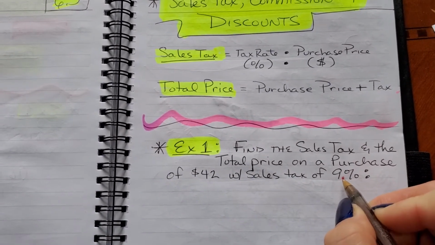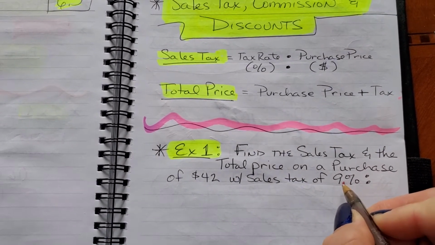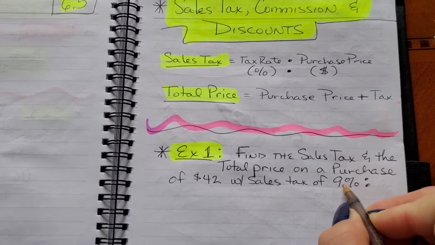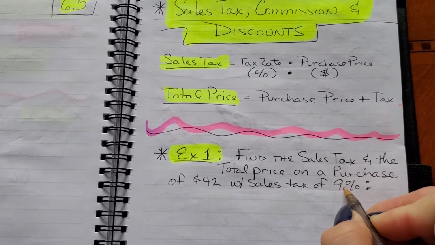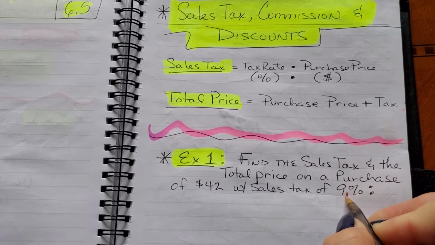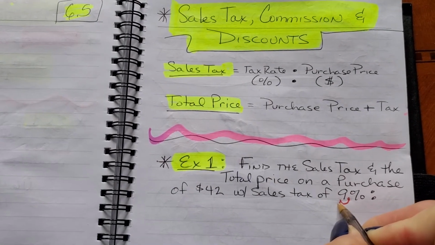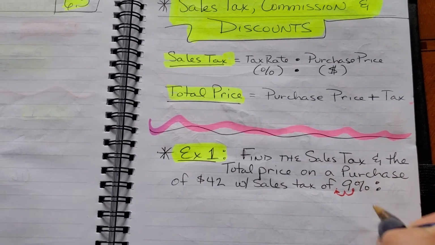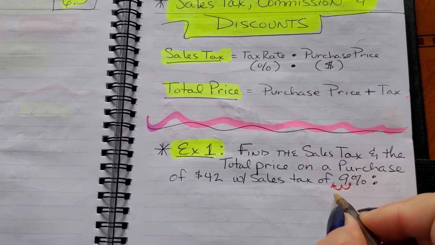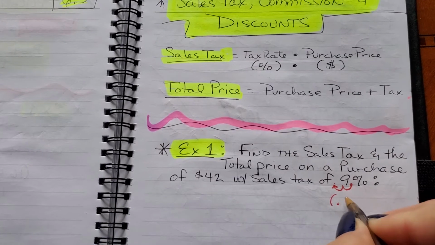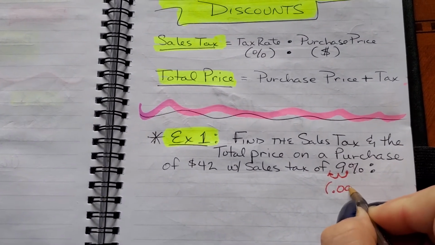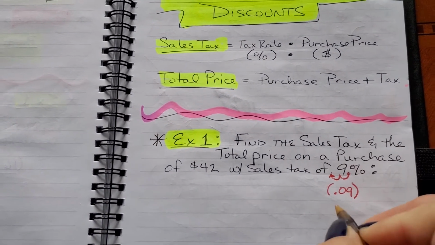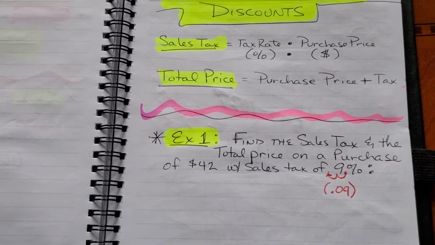When we're changing a percent to a decimal, we divide by 100, or in other words, we move our decimal 2 places to the left and we drop our percentage sign. So 9% becomes 0.09, okay? Really important that you do that first step.